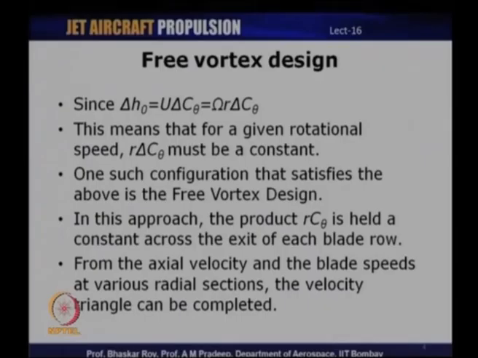Given the axial velocity and the blade speed at different cross sections from hub to tip, we know all these parameters, and if we ensure that the product r times C W is kept a constant, we can actually solve the velocity triangle all the way from hub to tip. So, in the free vortex design methodology, one of the basic principles is trying to keep the product r times C W a constant, which will ensure that the specific work input required for this particular blade is a constant.